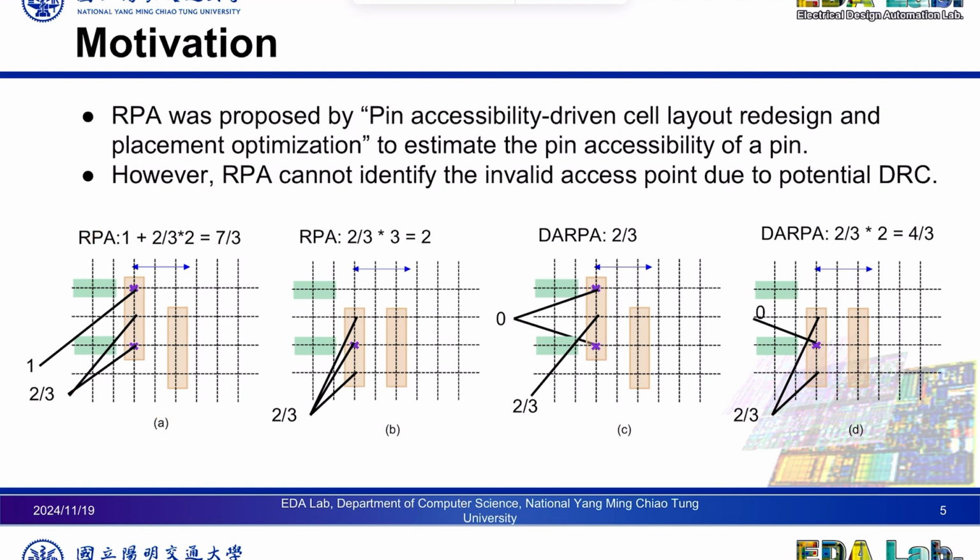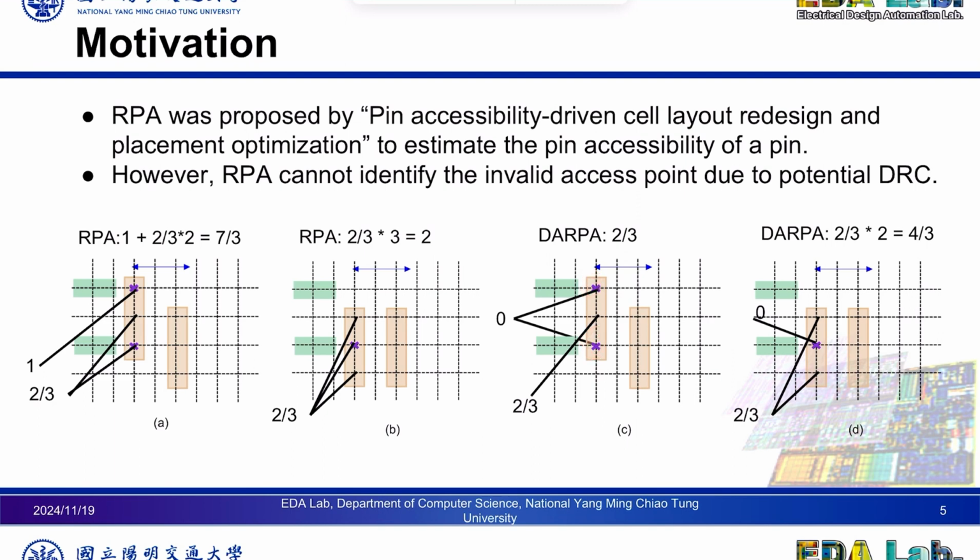However, the RPA model doesn't identify the invalid access points due to potential DRC. These green segments represent the existing metal two. It may be caused by the internal cell routing. So we cannot use metal two to connect this point because it will cause an end-of-line violation. So these two are invalid.